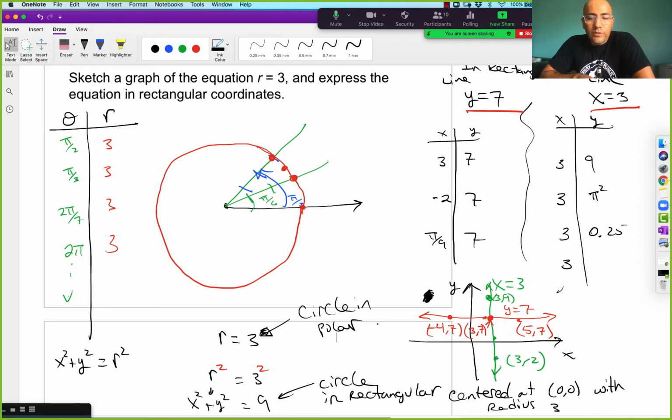But rectangular does really well in other things as well. Lines, for example, or any polynomial is really easy in rectangular and not so easy in polar. Pros and cons. Any questions?